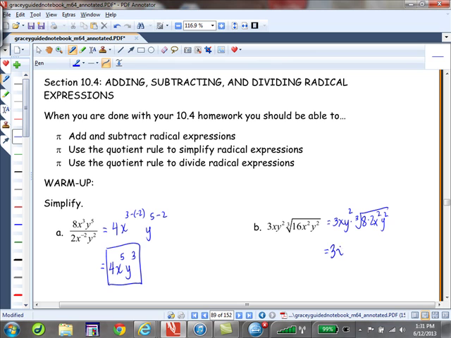So this will be 3xy squared times 2 from that cube root of 8. And then we still have the cube root of 2x squared y squared left. And our final result is 6xy squared times the cube root of 2x squared y squared.